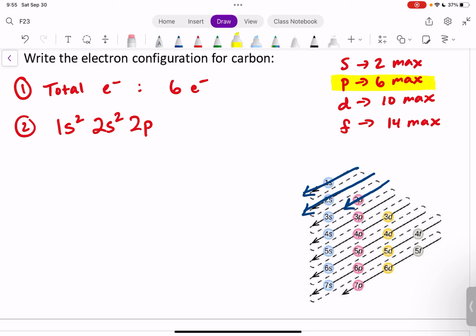We'll fill it as much as we can. So we've got 6 total electrons. We already used 4 of them. So we have how many left? Yeah, 2. Okay, 2 electrons are left. So we're going to put our remaining 2 electrons in the 2p subshell. And this is the electron configuration for carbon.